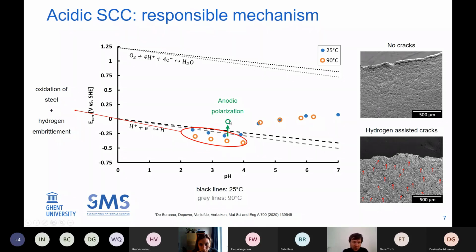And if you take a look at the surface of the green dot, we see no more cracks. So this is proof that when we go below this reduction line of hydrogen, we also have hydrogen embrittlement taking place next to anodic dissolution.